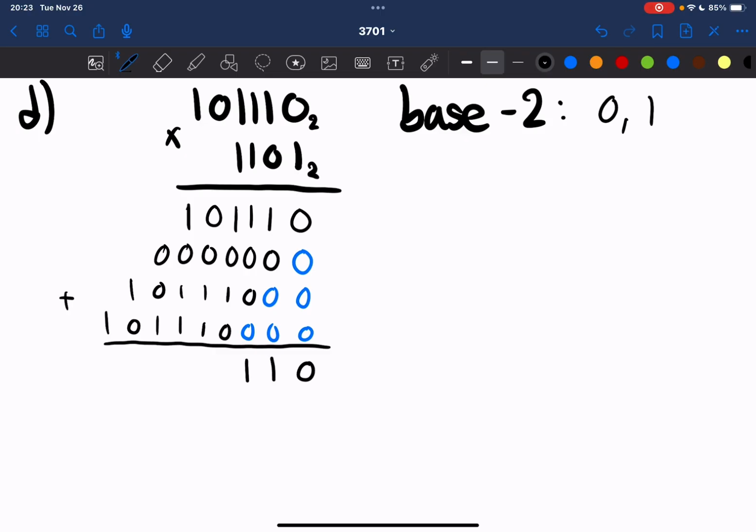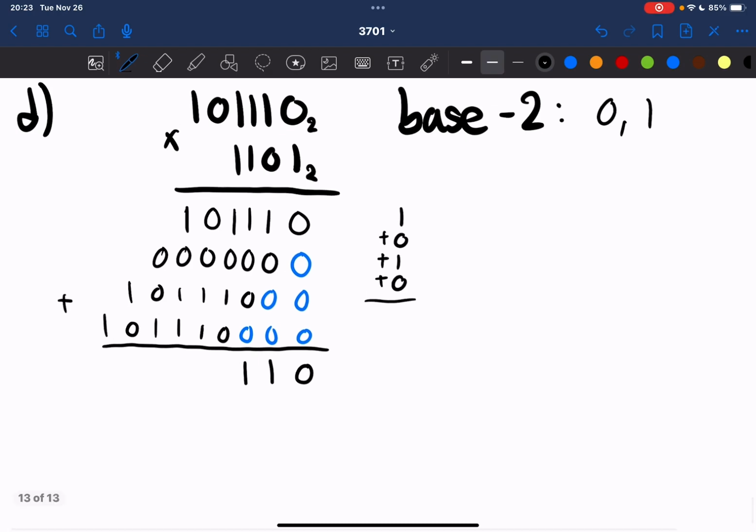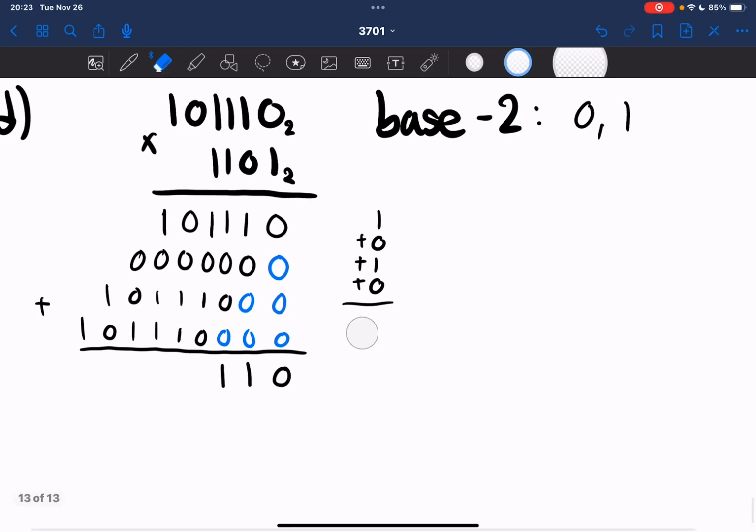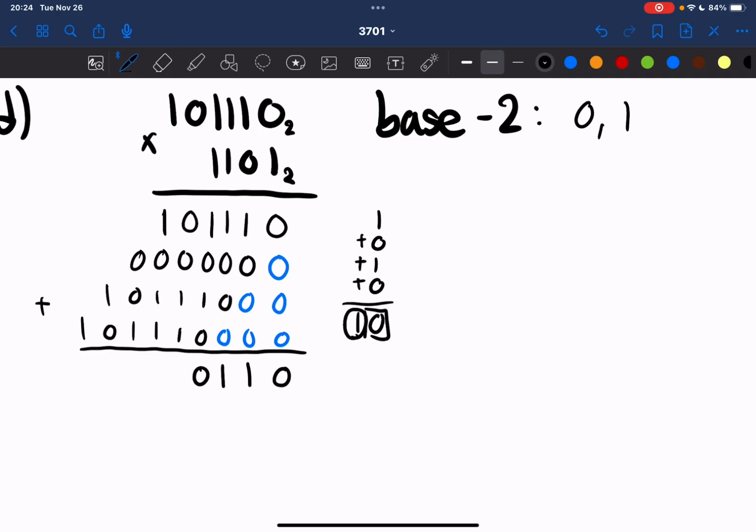But then we've got another one, which is 1 plus 0 plus 1 plus 0, which is the same thing as just 1 plus 1. And that's 2, right? So that gives us 2, but that doesn't fit in base 2, so we need to convert it into binary. Well, this is relatively easy. You guys have been working with this a lot, so it would just be 1, 0 in binary, and then take that 0, carry the 1.